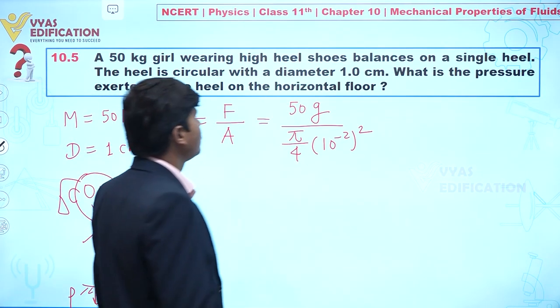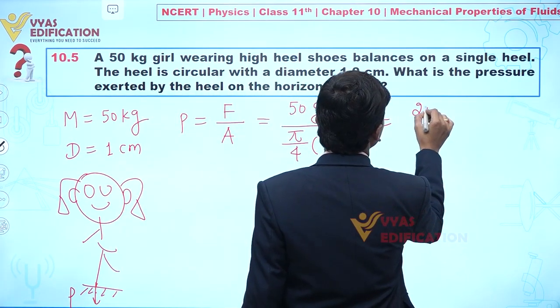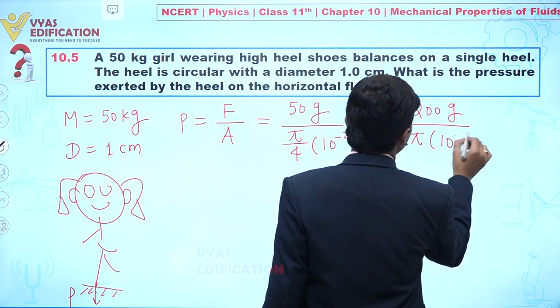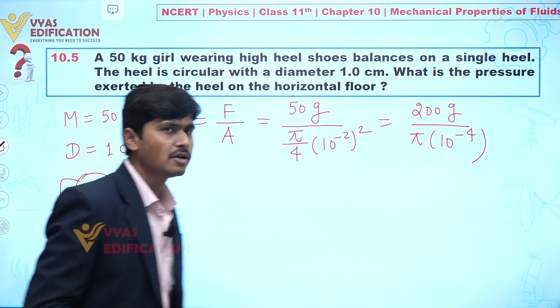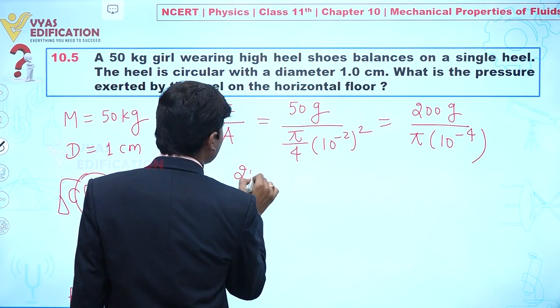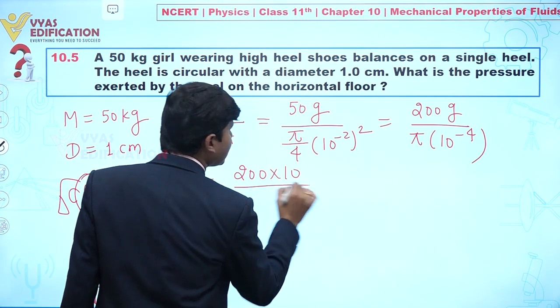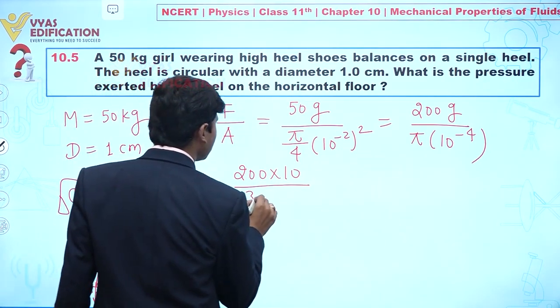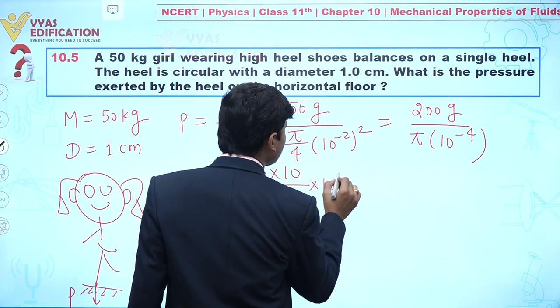So from here we can say this is 200 g divided by pi into 10 to the power minus 4. So now we can write the pressure P as 200 into 10 divided by pi, which is approximately 3.14, into 10 to the power minus 4.